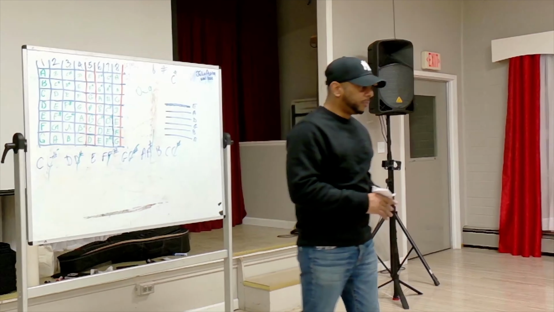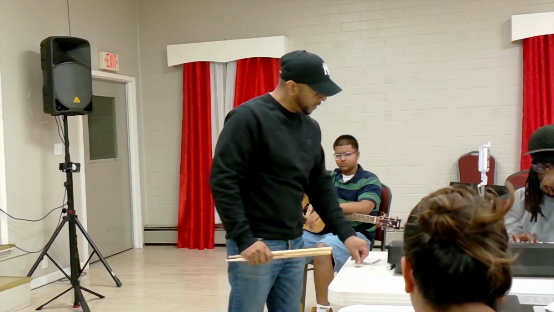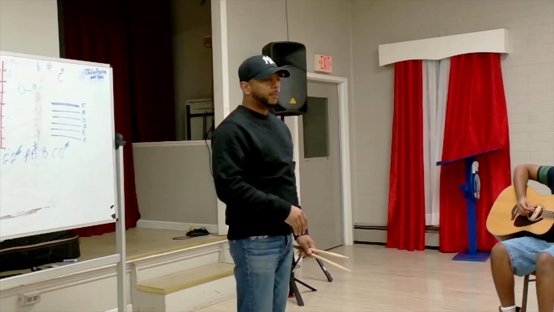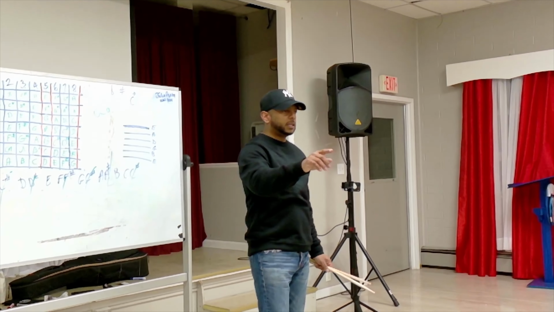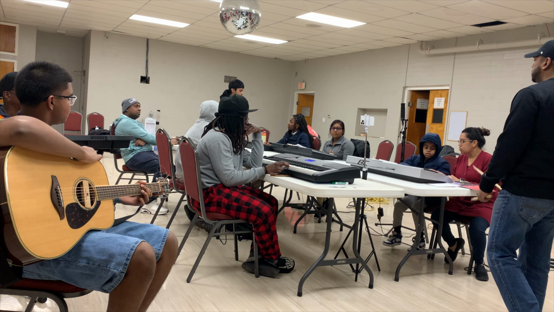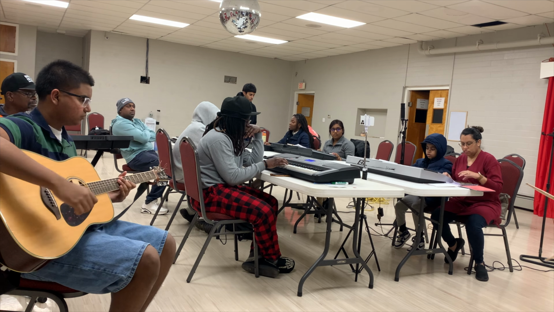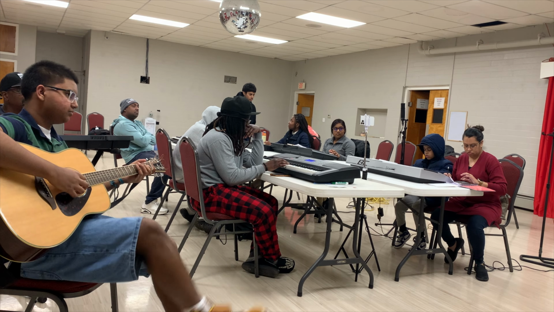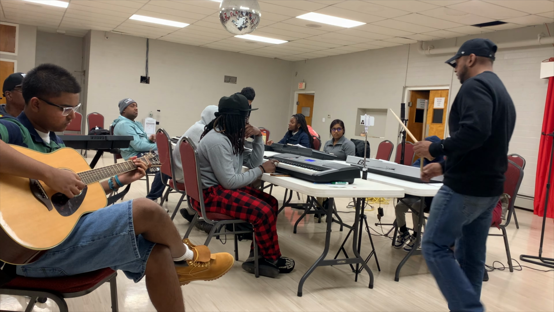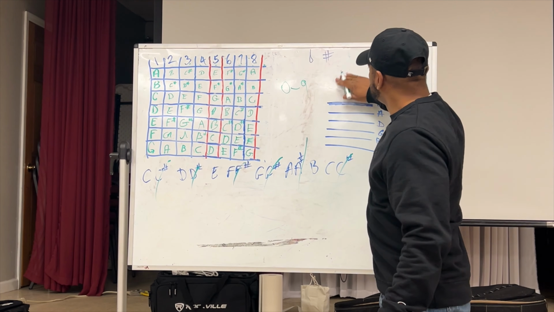So, if we were to play, everybody got their piano in front of them. Let's hear C. All right, so I'll be the drummer. I'll be your beat keeper, okay? I want everybody to play C 4 times.